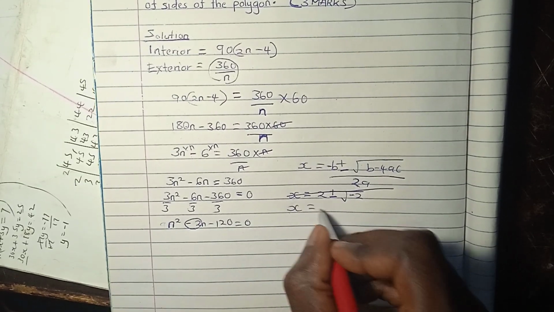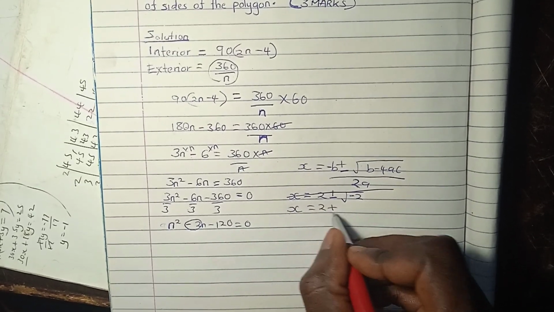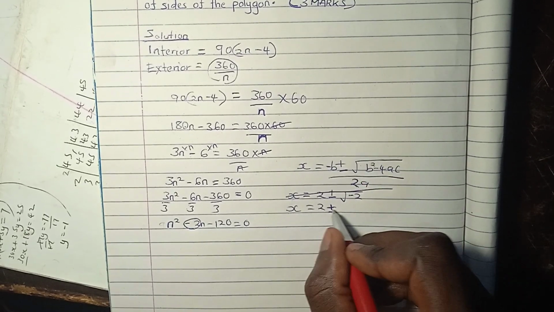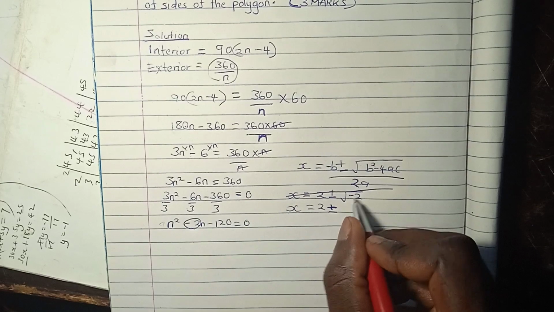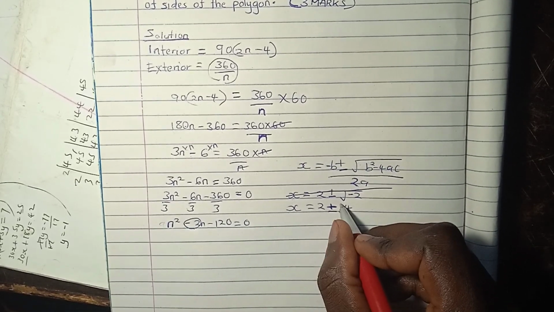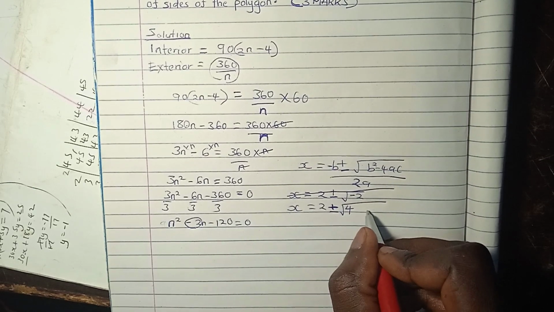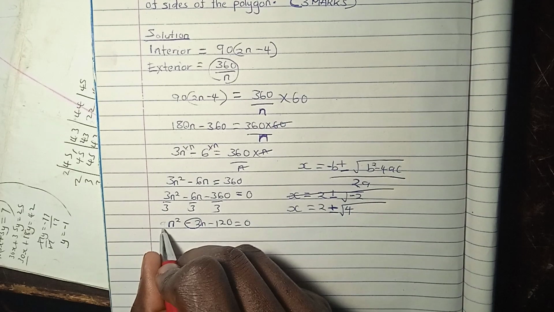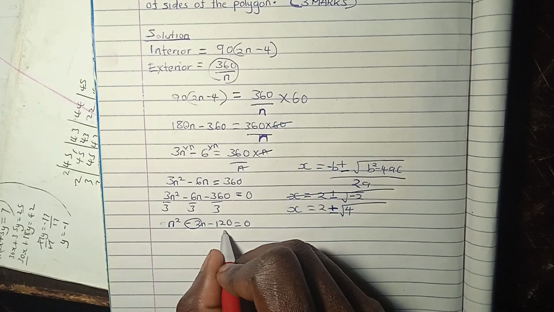x equals 2 plus or minus the root of b squared. b squared, -2 times -2 is 4, minus 4ac. a is 1, c is -120.